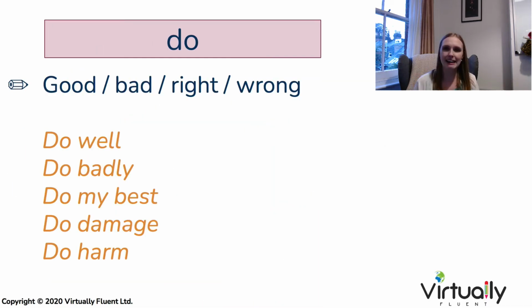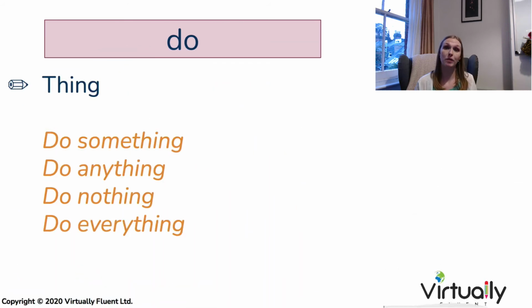When we use any kind of form of the words good, bad, right, or wrong in their adjective or adverb forms, then again we use do. To do well, to do badly, to do my best, to do damage, to do harm. When we have the word thing, then again we use do. To do something, anything, nothing, everything.